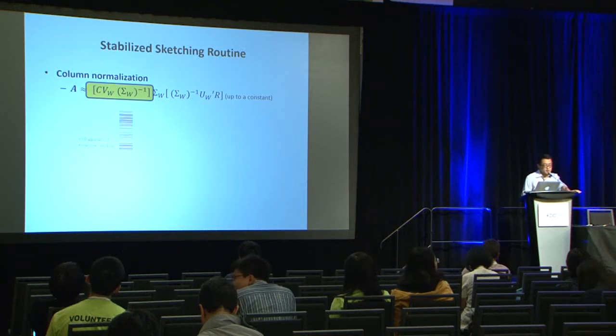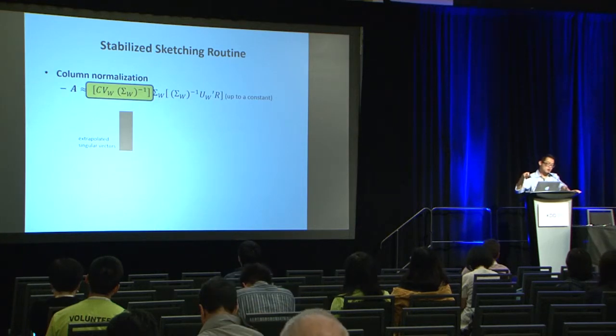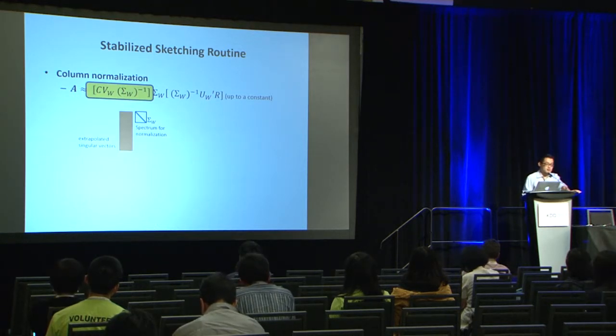Instead of using the extrapolated V_W, which is the right singular vector of W, computed using the column C and then normalized with the inverse of Sigma_W, we will simply compute the norm of each column in C, and then normalize it with these norms.